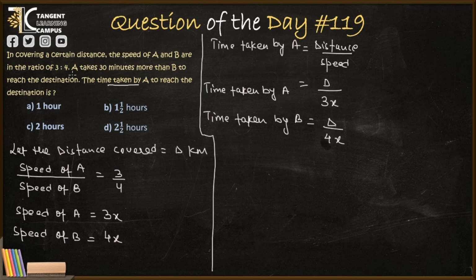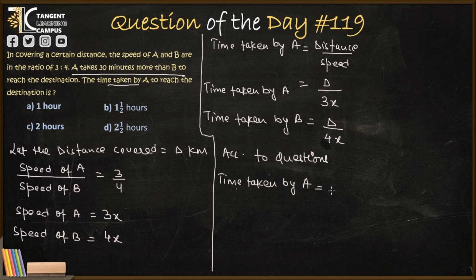Now in the next statement a relation is given between the time taken by A and B. So according to the question, time taken by A is 30 minutes more than time taken by B. So let us write down time taken by B plus 30 minutes.